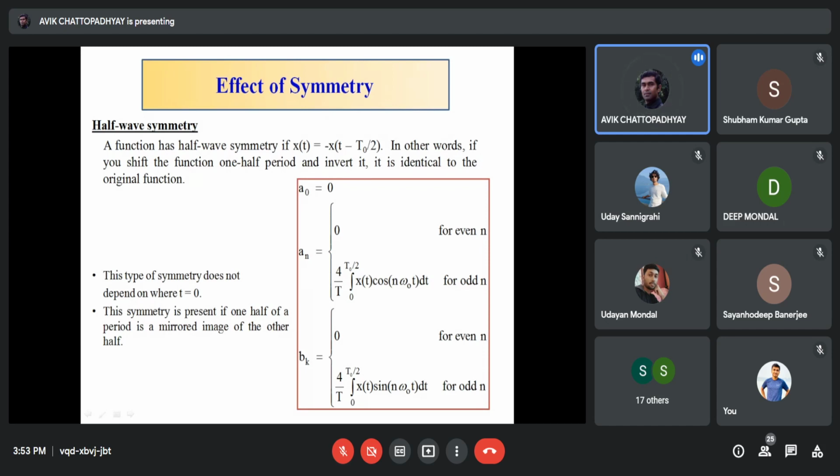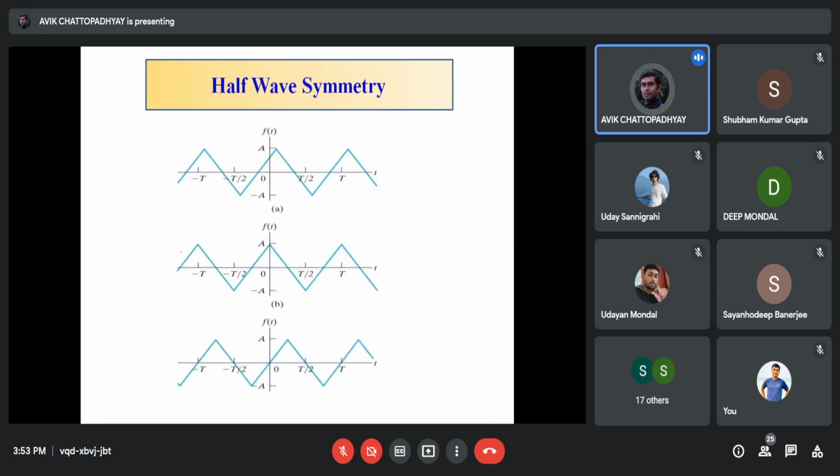Another important point to be noted here is that the type of symmetry does not depend on where you are putting your t equals to 0. Suppose, look at this example. This is, of course, half-wave symmetry in the odd sense.